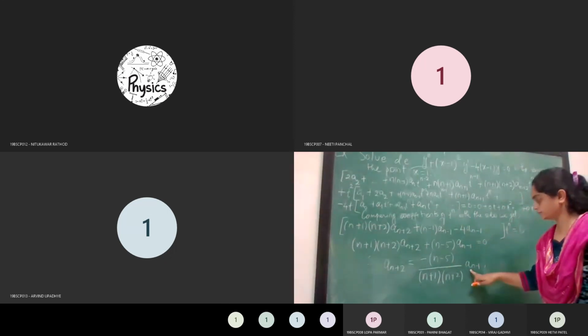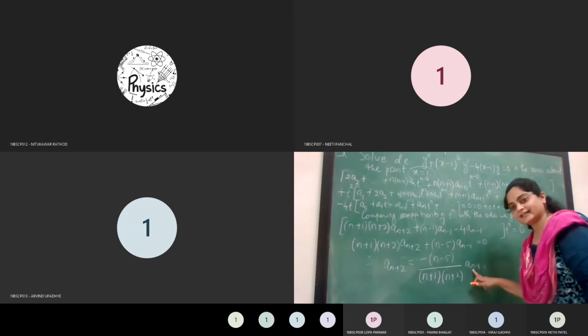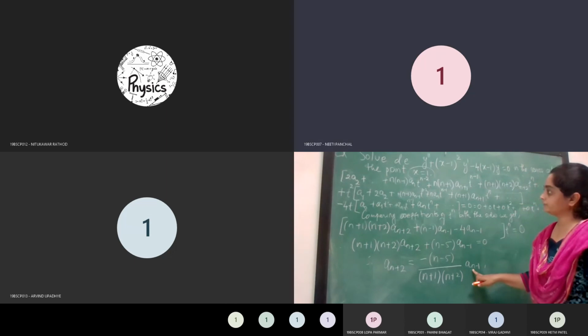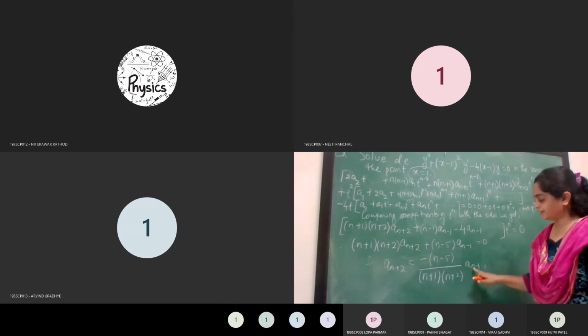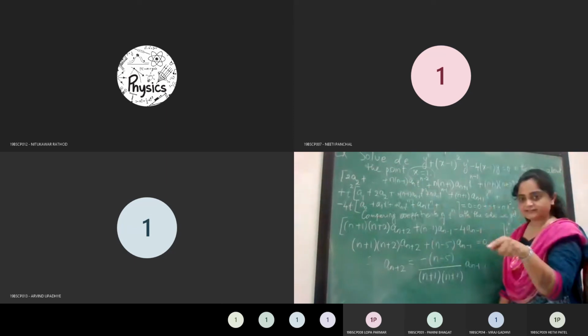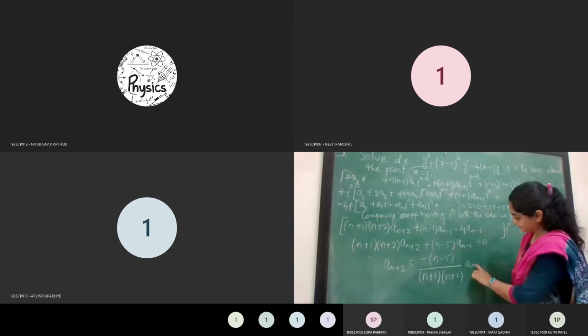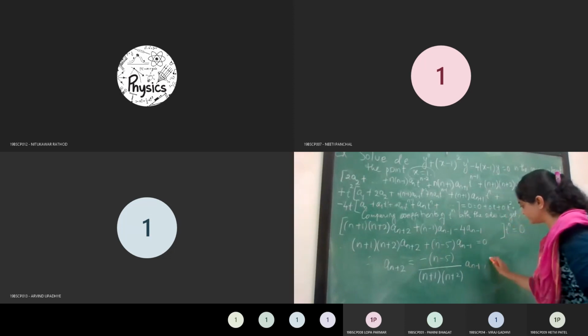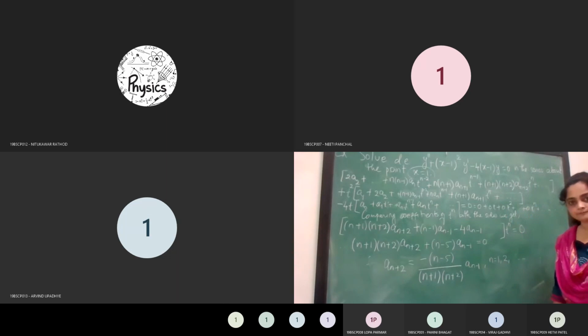And if this is true, then where should I start my n from? First of all, we are considering the powers. n represents the powers of t. So it is starting with 0, 1, 2 and so on. But if I consider 0, then a minus 1 is not feasible. So I have to consider my n from 1, 2, 3 and so on.